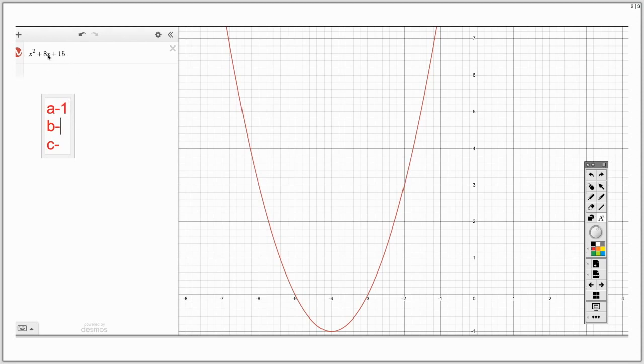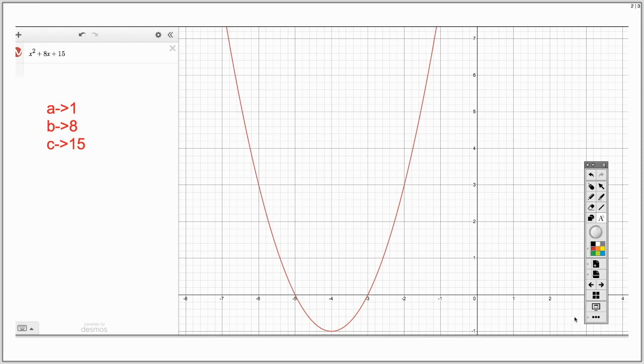B is 8x, so b is 8, and c is 15. So that's it for our a, b, and c. This is going to be helpful when finding the axis of symmetry, but right now we want to find the vertex.